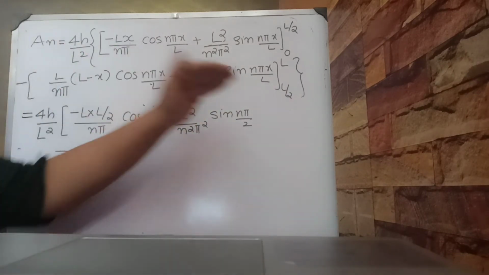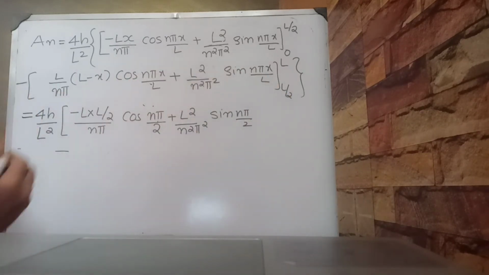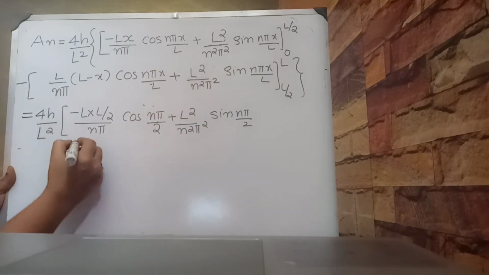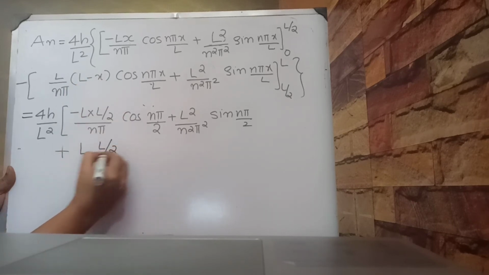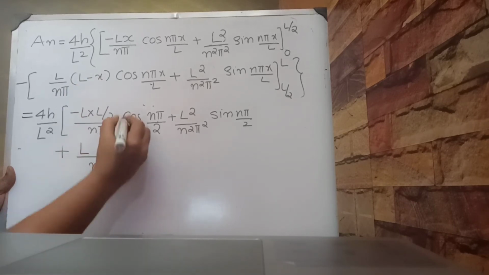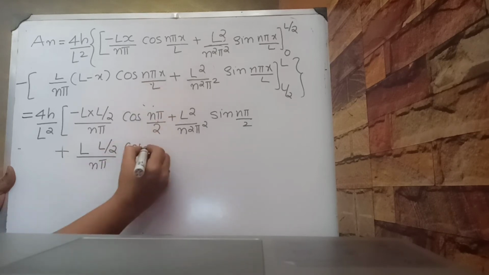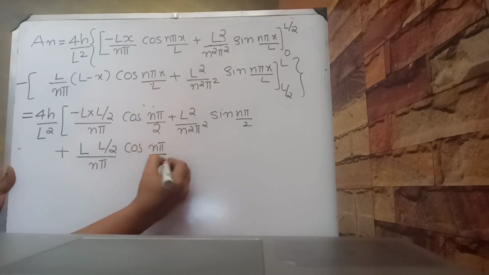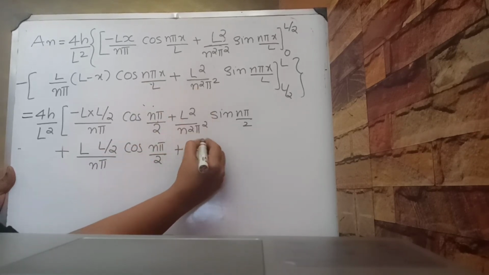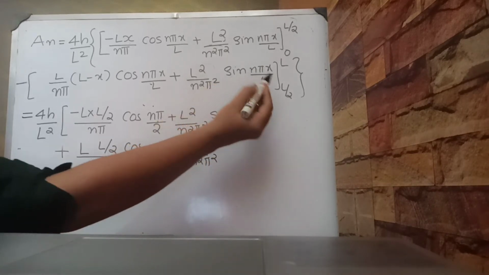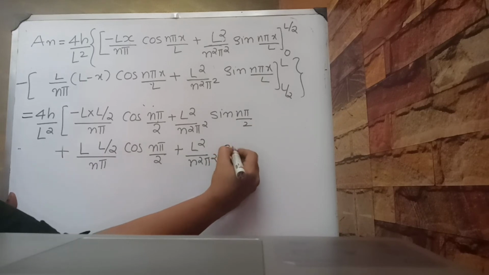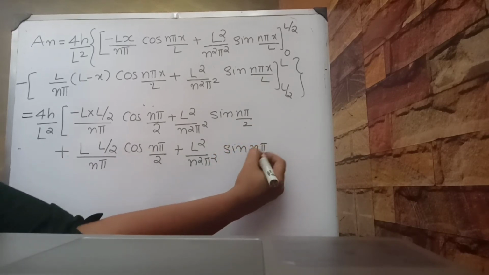So now we have to put the lower limit L by 2. So this minus becomes plus L into L minus L by 2, that is L by 2 by n pi into cos n pi by 2 plus L square by n square pi square into, when you put x equal to L by 2, you have sin n pi by 2.